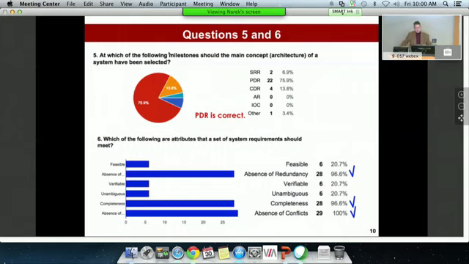Question 5. At which of the following milestones should the main concept or architecture of the system be selected? Here we had a little bit of a spread of answers. The correct answer should be PDR, preliminary design review. That's when the concept, the architecture, the high-level decomposition of the system, the assignment of functions to those chunks at level 1 or level 2 should be defined. SRR is too early.